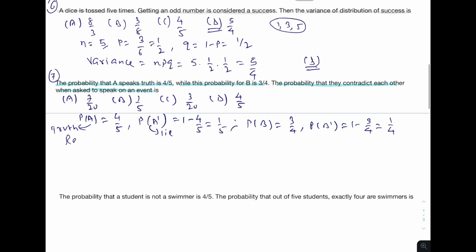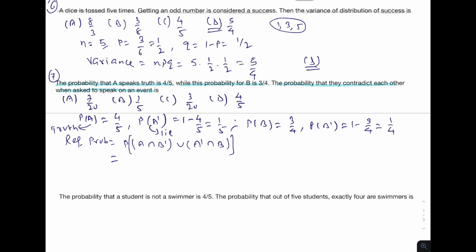Now what is the required probability? They contradict each other. So when A speaks truth, B speaks a lie, or A lies, then B speaks truth.